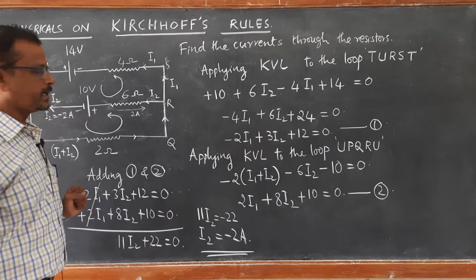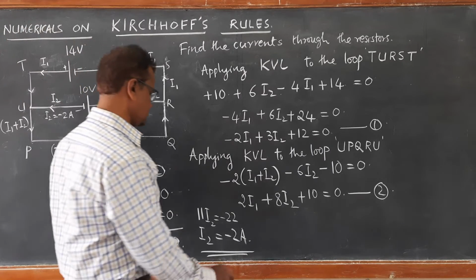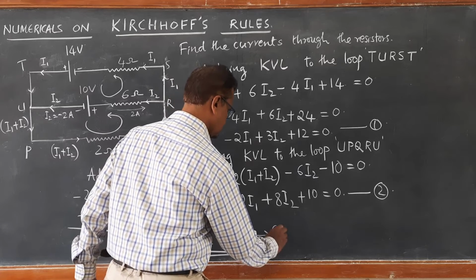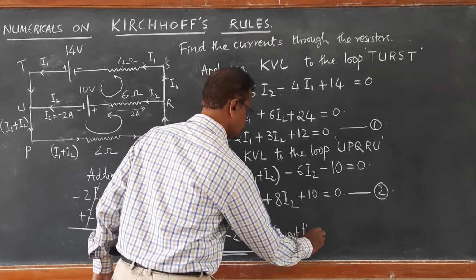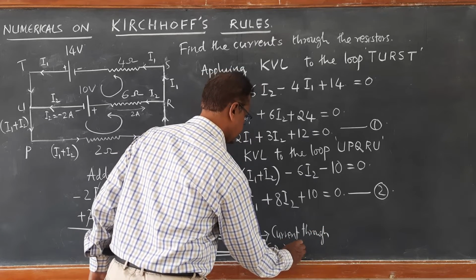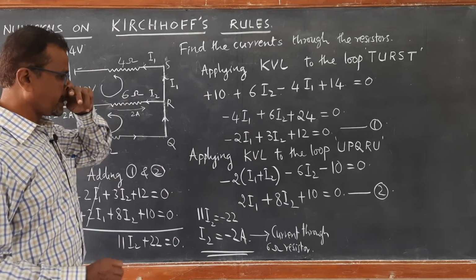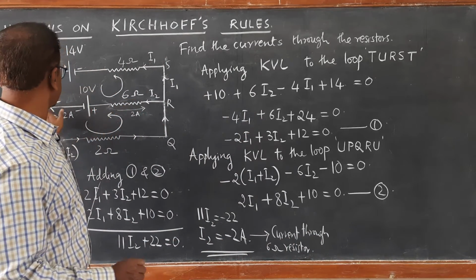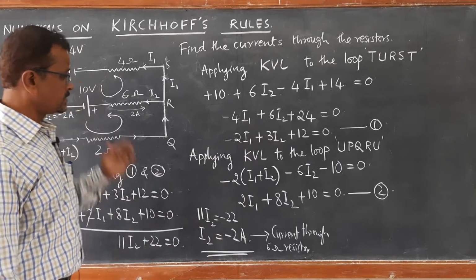This is how we can understand. Now the current through the 6 ohm resistor is 2 ampere. So minus 2 means it is flowing from U to R in the backward direction. Therefore, it is taken as minus 2 ampere.